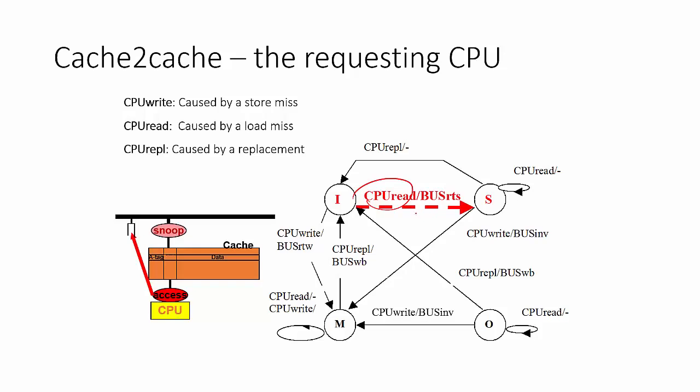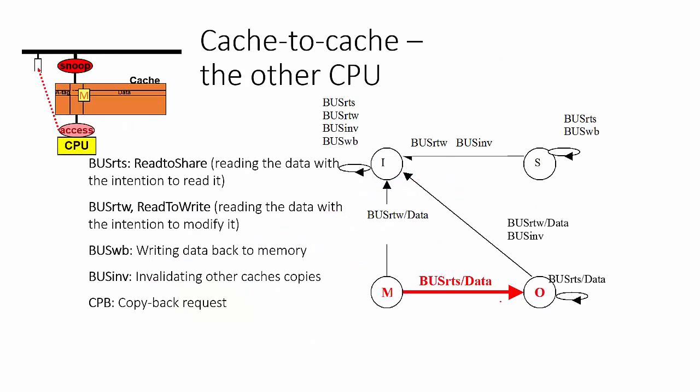You have to transfer a bus read to share on the bus, and then go to the shared state. So the load leads to a cache miss. We have to send the bus read to share, and then let's see what happens on the other cache line.